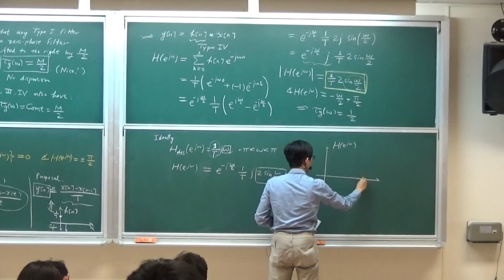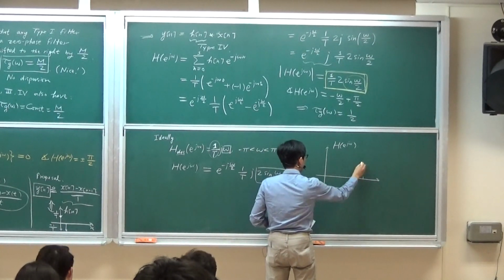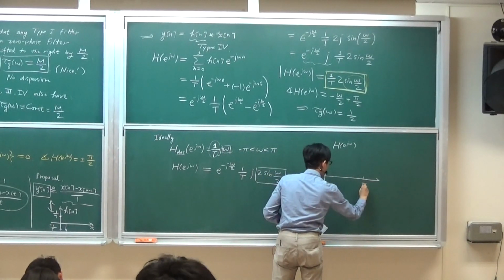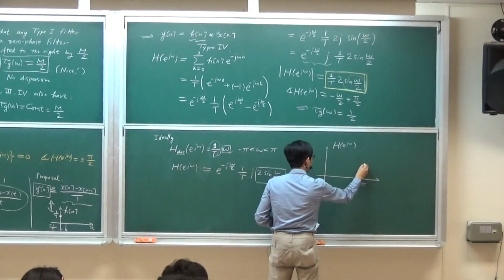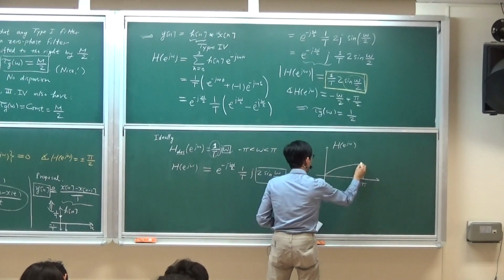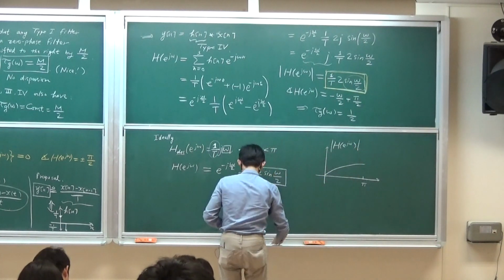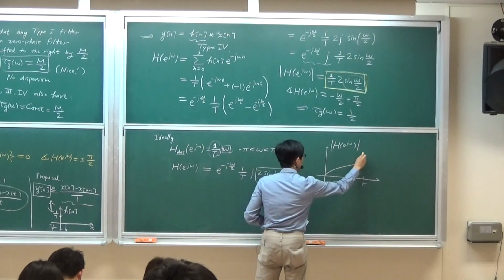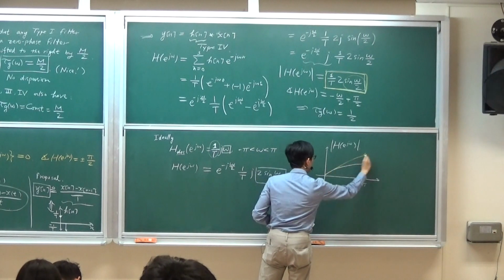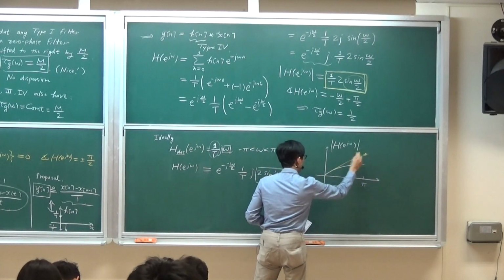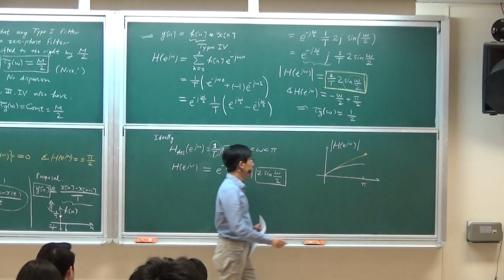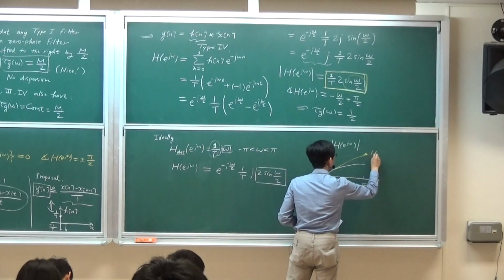So to summarize, this is the result of our design, okay? And the ideal situation is this. The ideal design is a straight line from 0 to pi. That's the ideal.